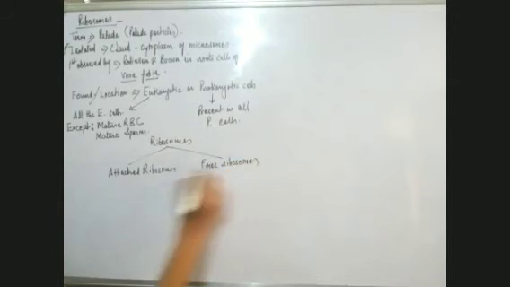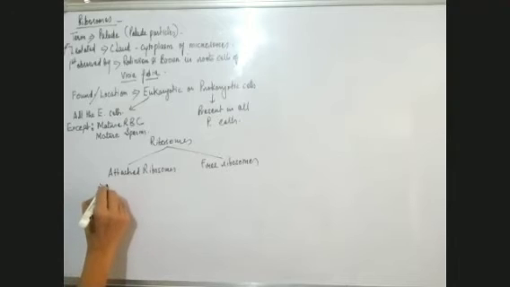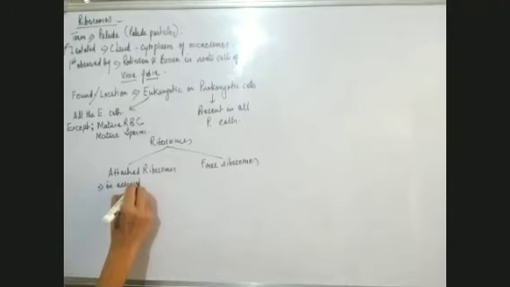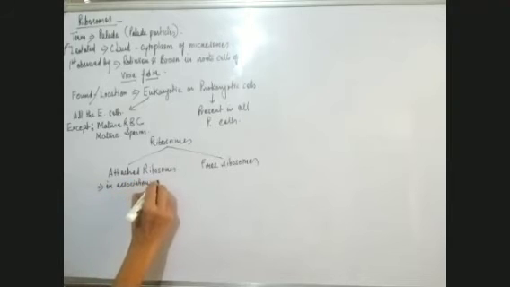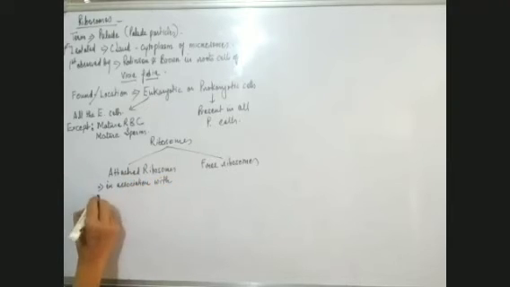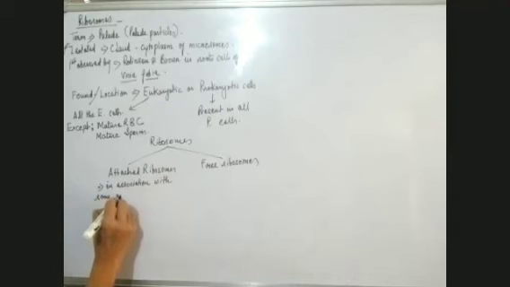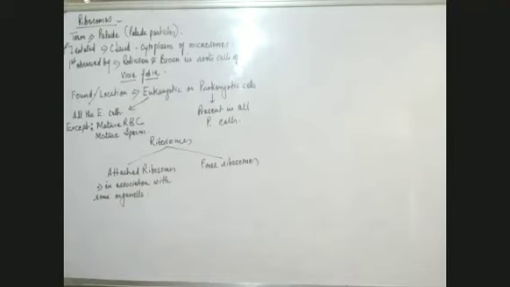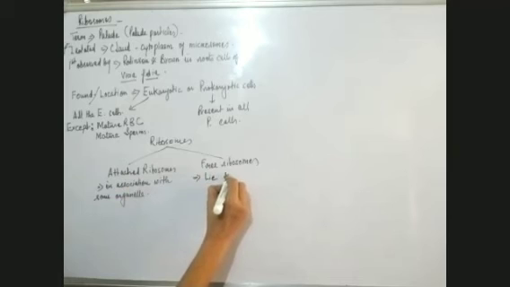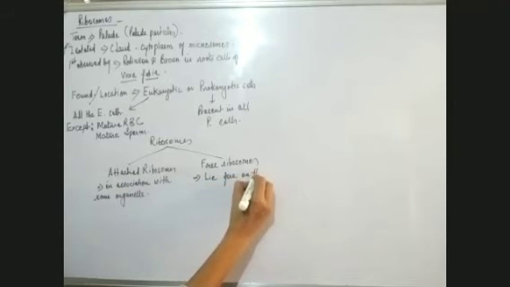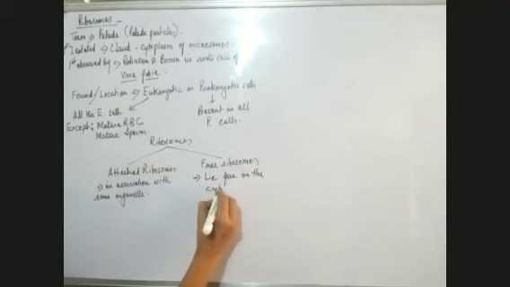Attached ribosomes means they are attached or in association with some organelle. Free means they lie free in the cytoplasm.